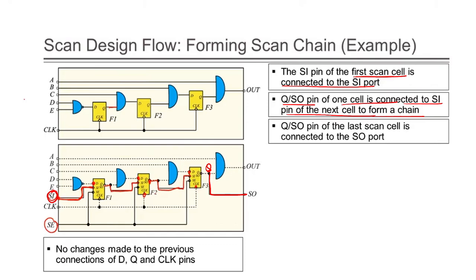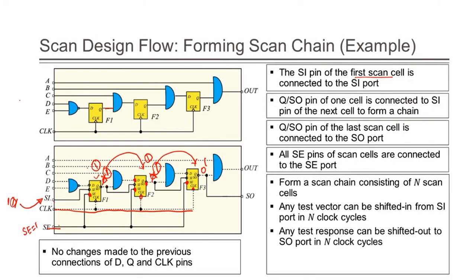That means here SO is connected to this SI, and this SO is connected to this SI. Again here you are getting SO. The last scan cell is connected to the SO port. This is the last SO port. Okay. So like this, you can form a scan chain.